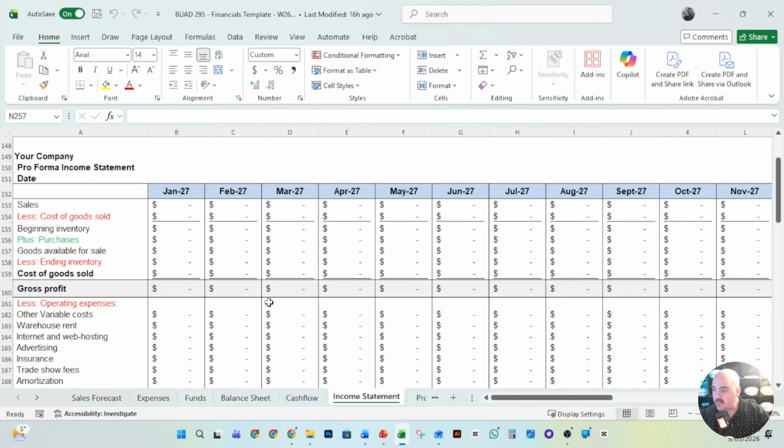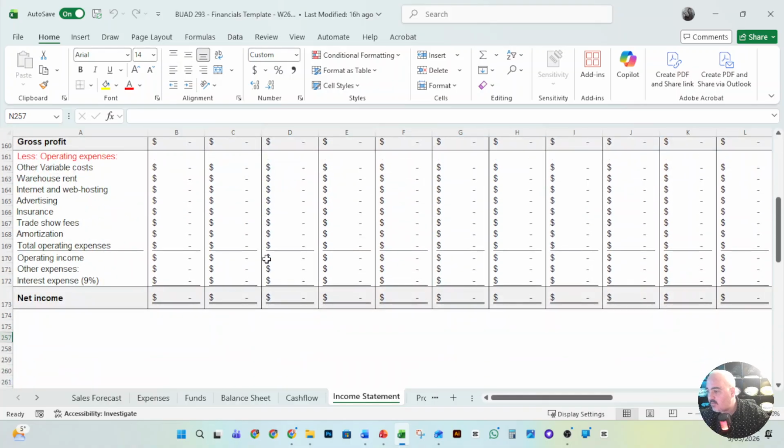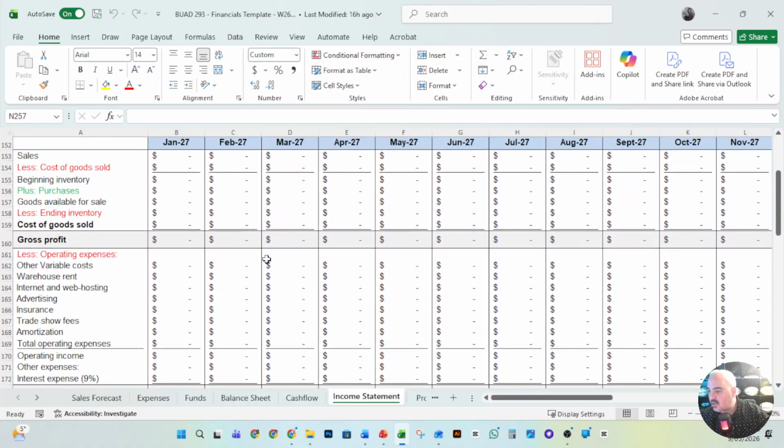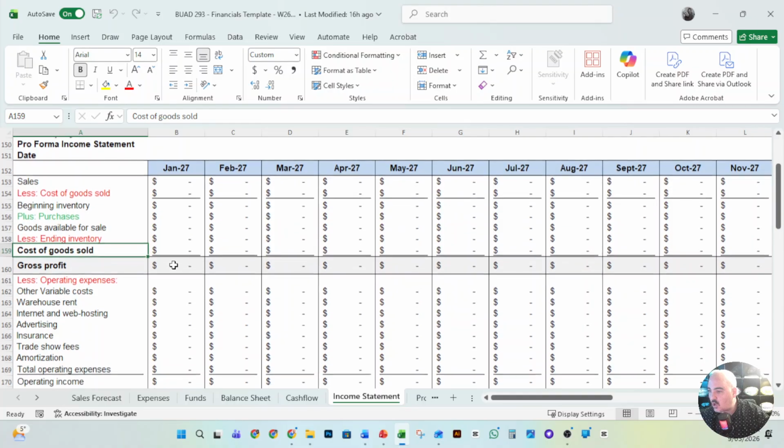Okay, our income statement, again, guys, is going to show us how we're doing in sales, operations, in terms of our taxes and investments as well. So we've got operating expenses, we've got our gross profits, we've got our cost of goods sold.